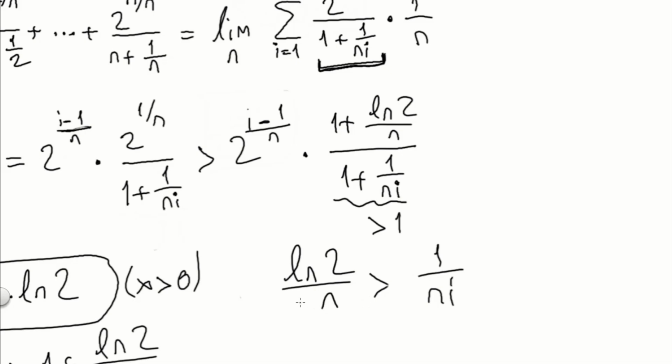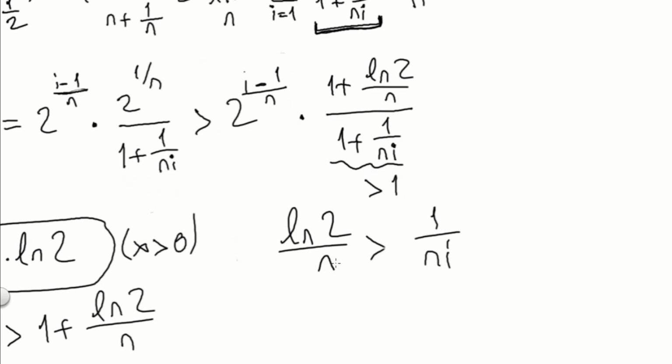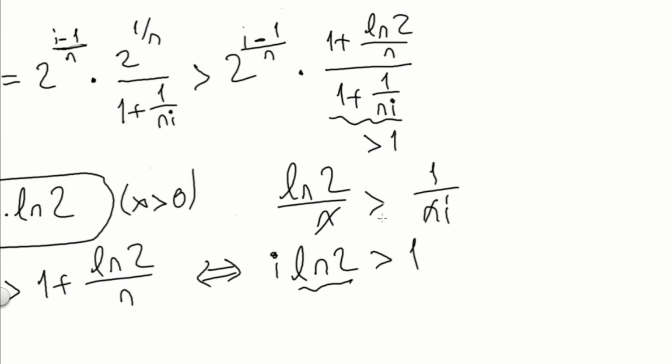So if I show that this is true, then this thing will just be bigger than 1 and I will be done. So basically I have n is just positive. I can multiply both sides by n. And I can send this i here. Is it true that i times ln 2 is bigger than 1? Well, is this true?